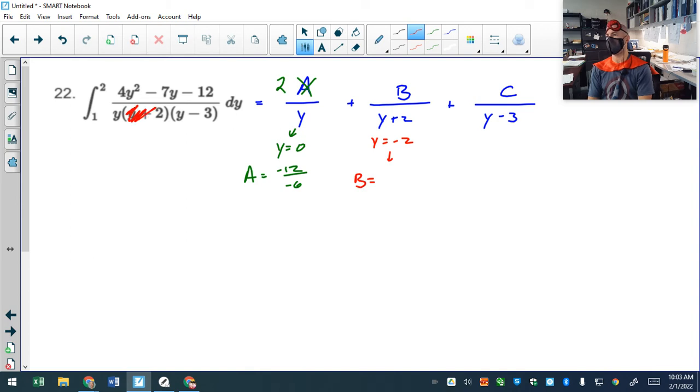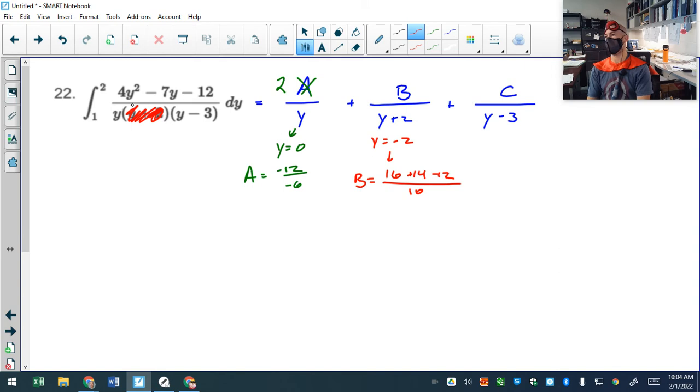Let me block this out. Oh, crap. I'm going to have to do this. So 16, is that right? Negative 2 squared is 4. So negative 7 times negative 2 is plus 14 minus 12 all over negative 2 times negative 5 is 10. Is that right?